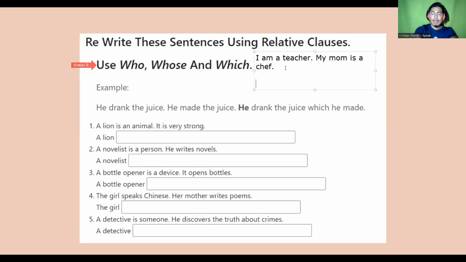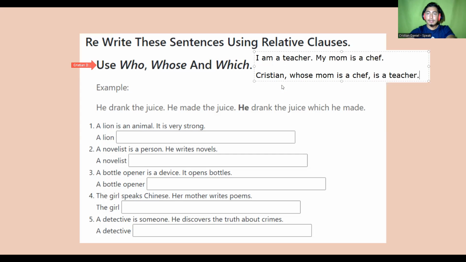So now, everybody, pay attention to my example using whose. A relative clause using whose. Christian, whose mom is a chef, is a teacher. Okay?